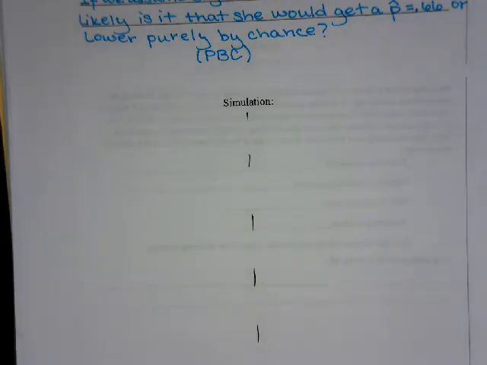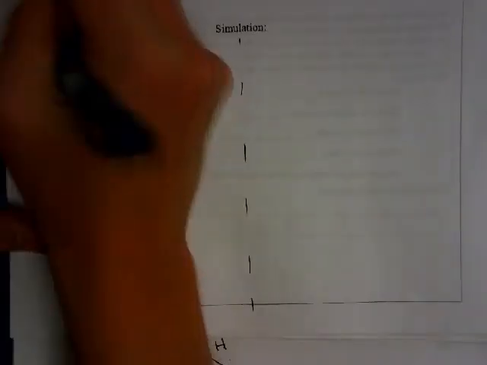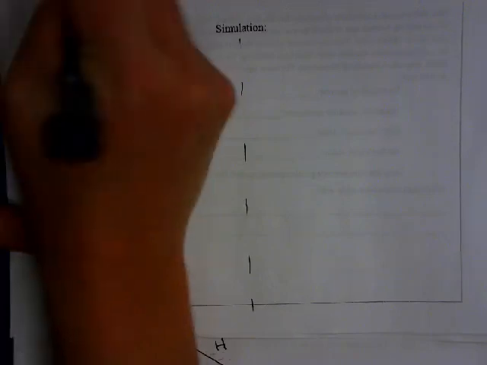Sorry. All right. So, like I said, we're going to do a simulation. So, Cheyenne took 50 free throws, and she claims that she's an 80% free throw shooter.